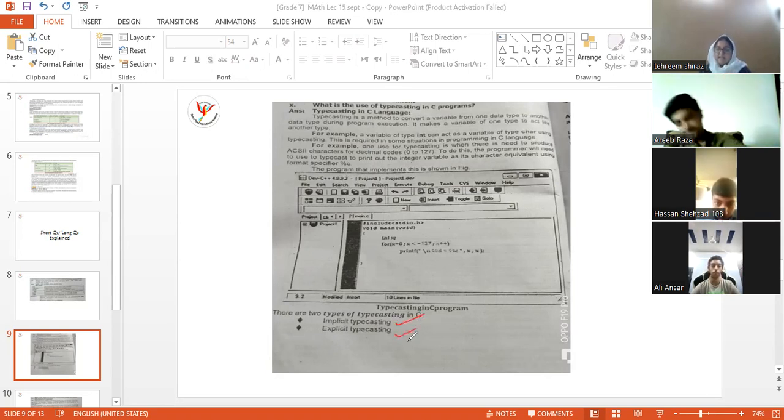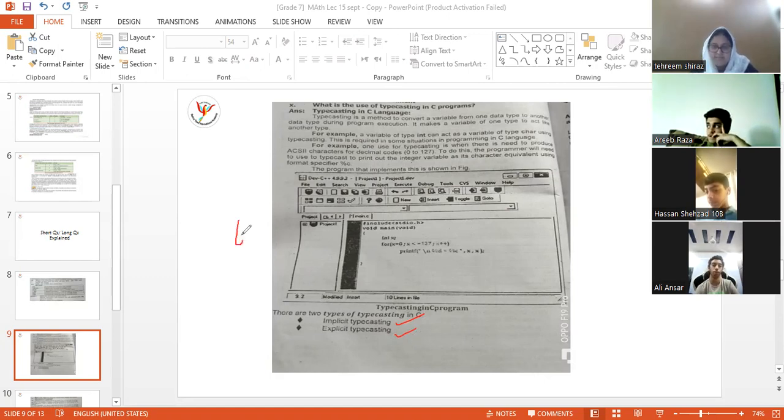In implicit, as I have told you, the compiler will do the typecasting by itself, right? If one number is 8-bit and the other number is 16-bit, it will convert the 8-bit into 16-bit by itself. Now, let's talk about explicit typecasting. When the programmer does the casting in the program, it is known as explicit typecasting, right?